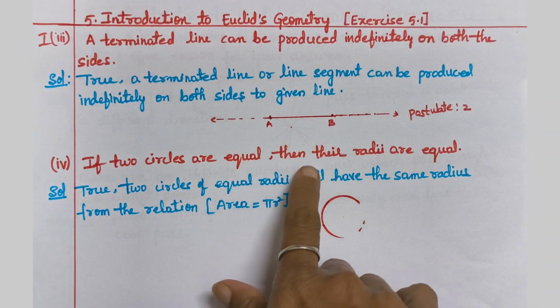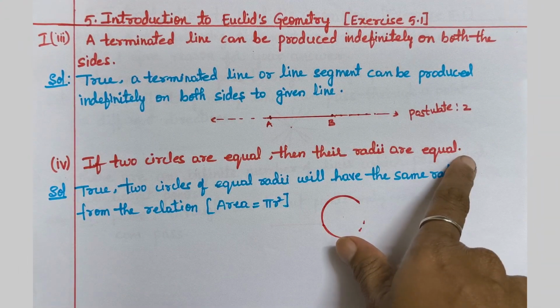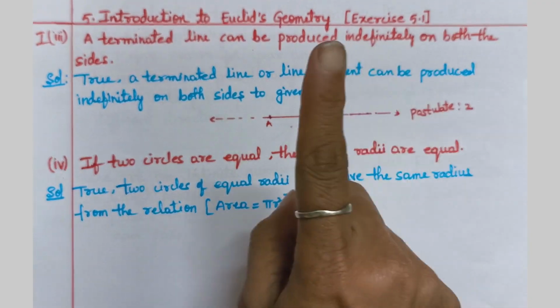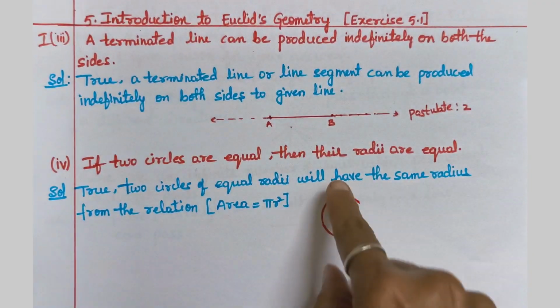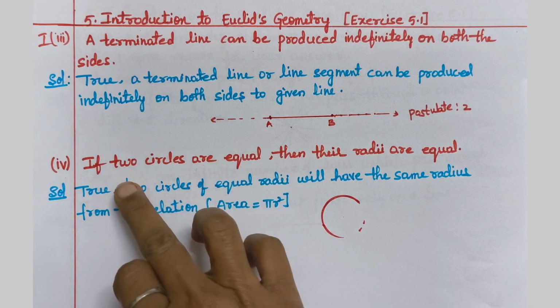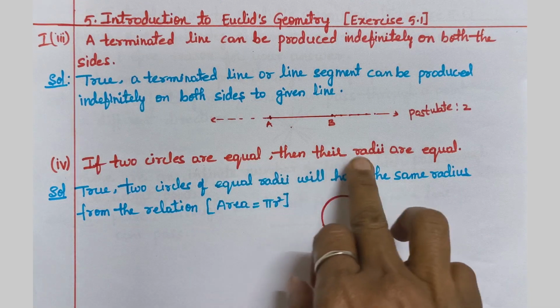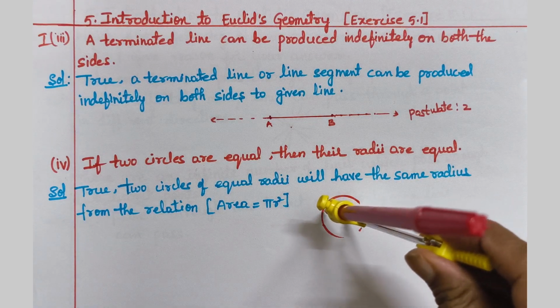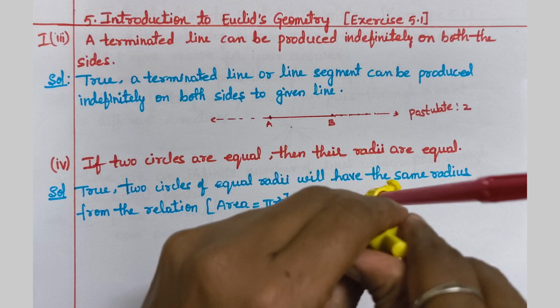If two circles are equal, then the radii are equal. Radii is plural. If there is a single radius we say radius, and if there are more we say radii. If two circles are equal, then radii are equal. See beta, I am taking two circles. This is one circle.